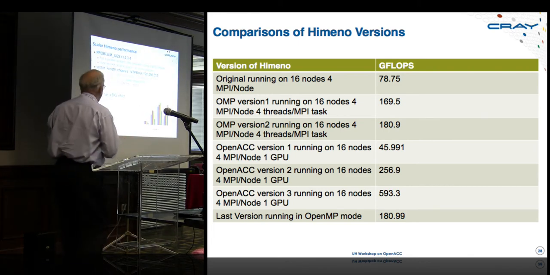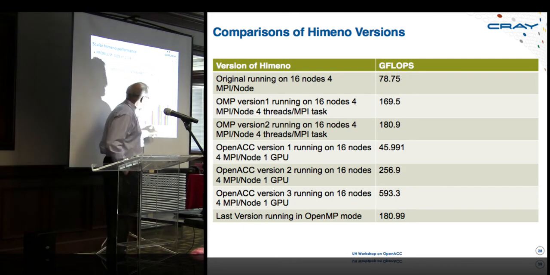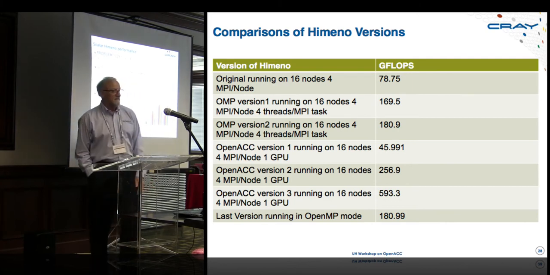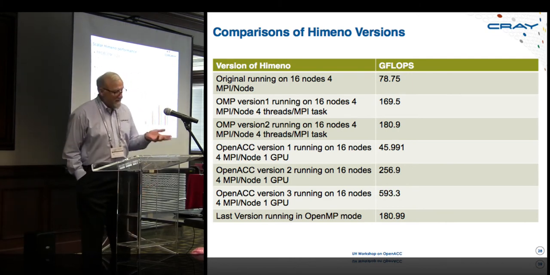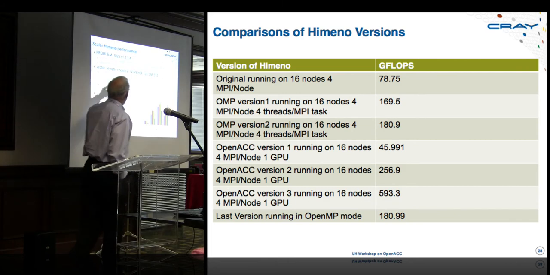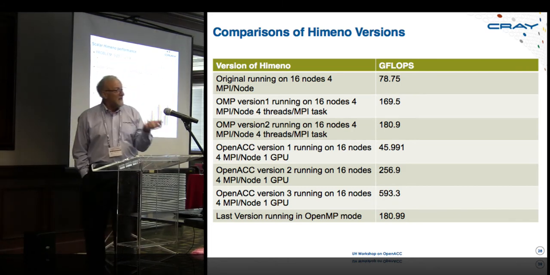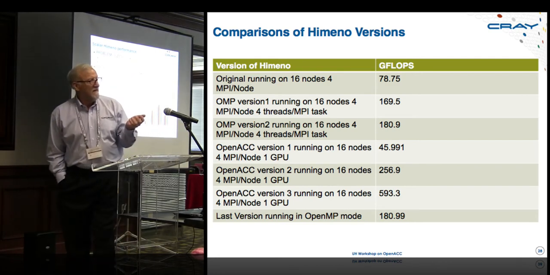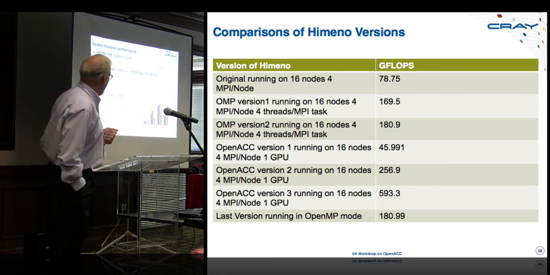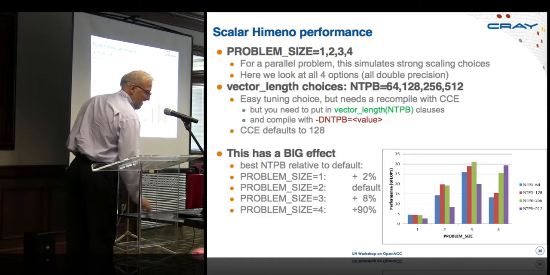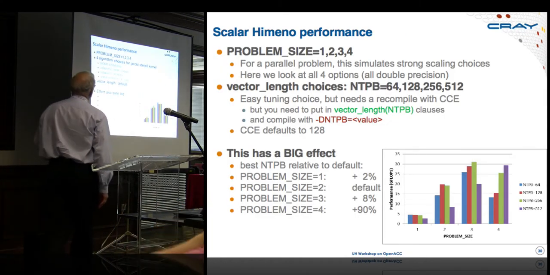As you can see, with the 4 different problem sizes, a lot depends on the problem size. Now, his solution was at compile time, you could define your vector length and pass that to the compiler. But that's not really the best.